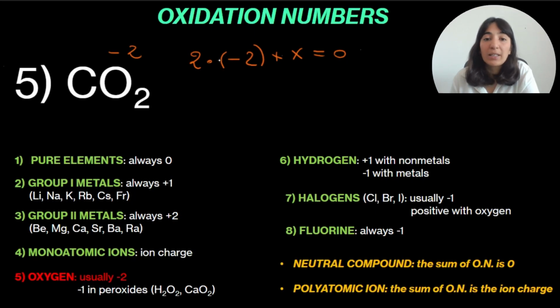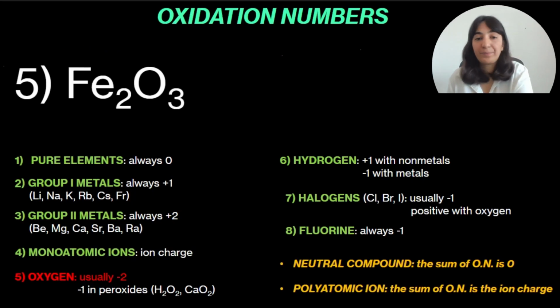Now we solve for X. 2 times -2 equals -4, plus X equals 0, +X equals +4, because we have moved this -4 onto the other side of the equation, and we have changed the sign. This is the oxidation number for carbon, +4.